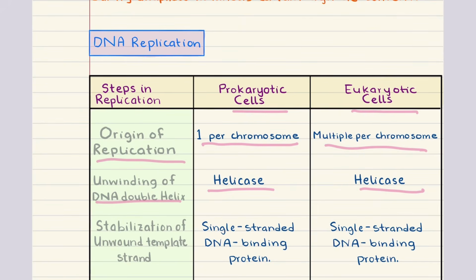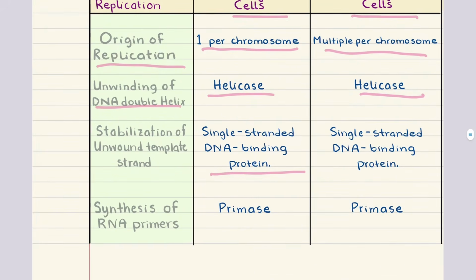Now, as helicase unwinds the DNA, it creates exposed single strands, but these strands are going to be unstable and they could snap back together. So to keep them open, single-stranded DNA binding proteins attach to each strand and hold them apart.